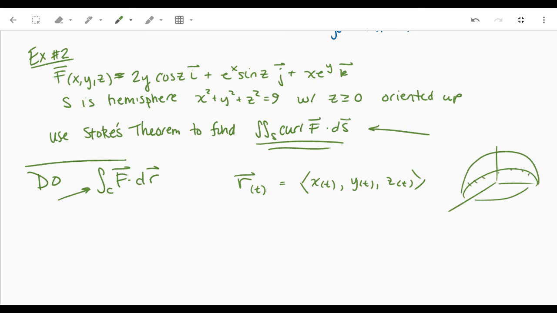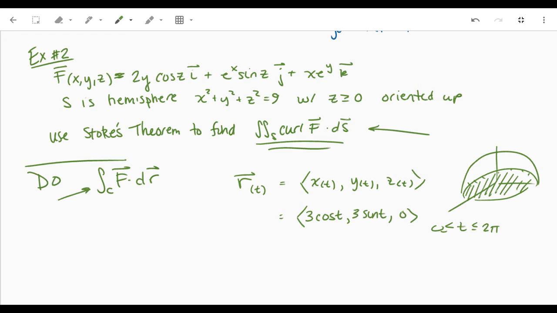I should draw that as a dashed line in the back, but anyways. Also, we want the projection of the surface onto the xy plane. So r would be 3 cosine t, 3 sine t, 0. We're not looking at the boundary of the surface; we're looking at the surface as if it were projected on the xy plane. And this is for t between 0 and 2 pi.